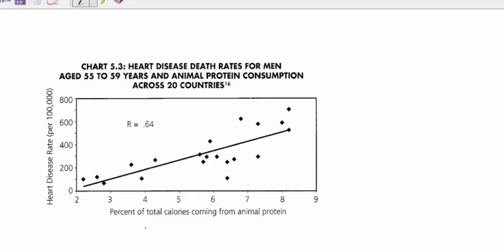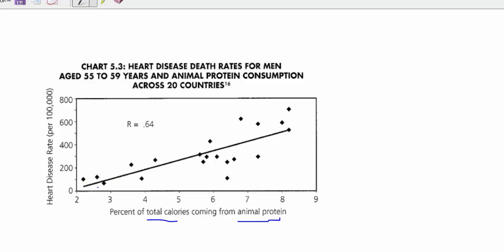What I am seeing here on the x-axis is the percent of total calories coming from animal protein, and then here, heart disease rates per 100,000 people, for people from 55 to 59 years old across 20 countries. So different demographics, different DNAs, things like that.